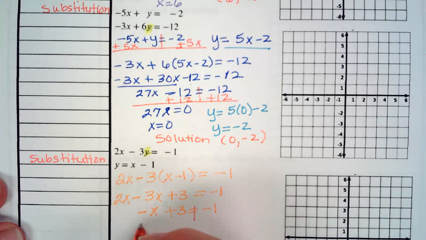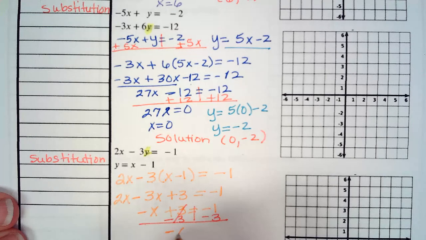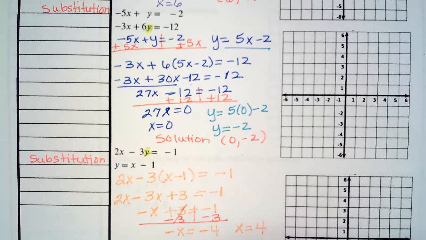I will subtract 3 from both sides. The opposite of x is equal to negative 4. If the opposite of x is equal to negative 4, then x must be equal to positive 4.